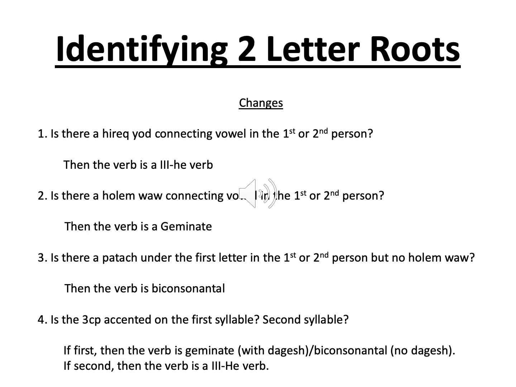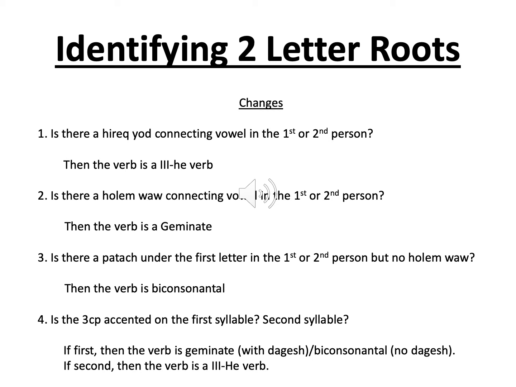If instead of a hirik yod there's a holem vav in the first and second person as the connecting vowel, then the verb is a geminate. Is there a patak under the first letter in the first or second person, but no holem vav? Then the verb is biconsonantal. If there was a patak but there was a holem vav, then we would be back to number 2, that the verb is indeed a geminate.